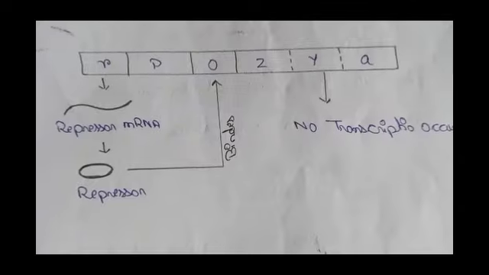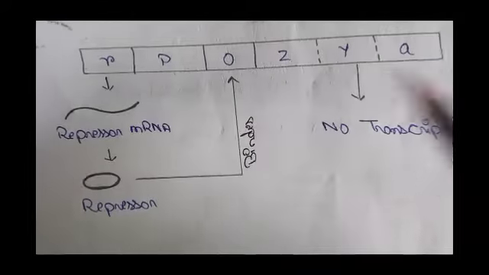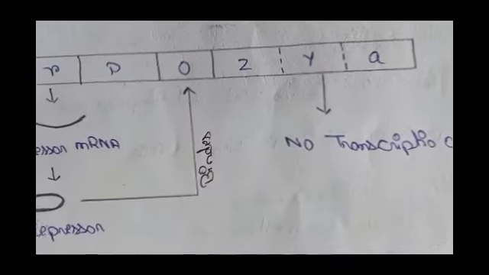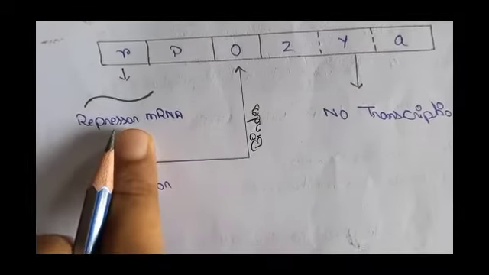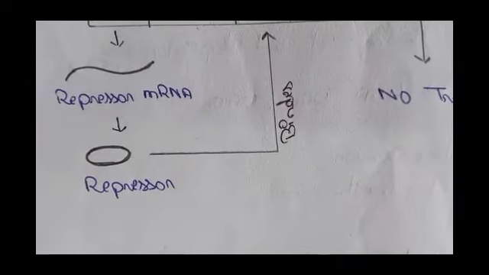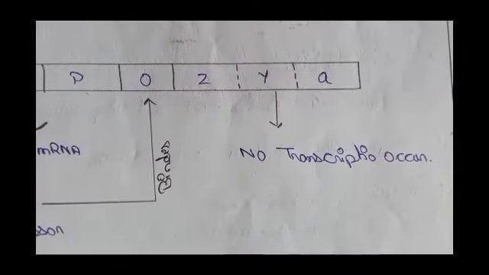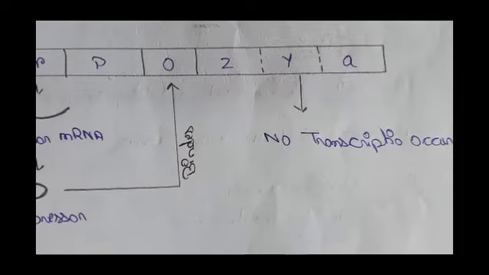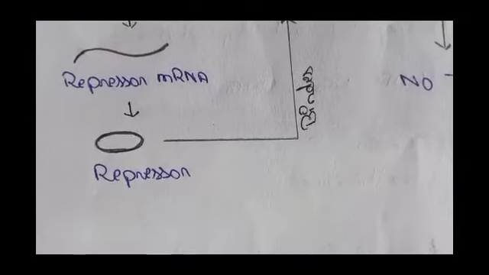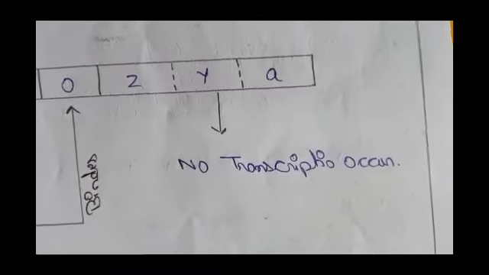This is the receptor, this is the promoter, and these are the transcription genes. When the repressor is expressed and binds with the operator O, nothing can attack there, so it binds easily, and then no transcription occurs.